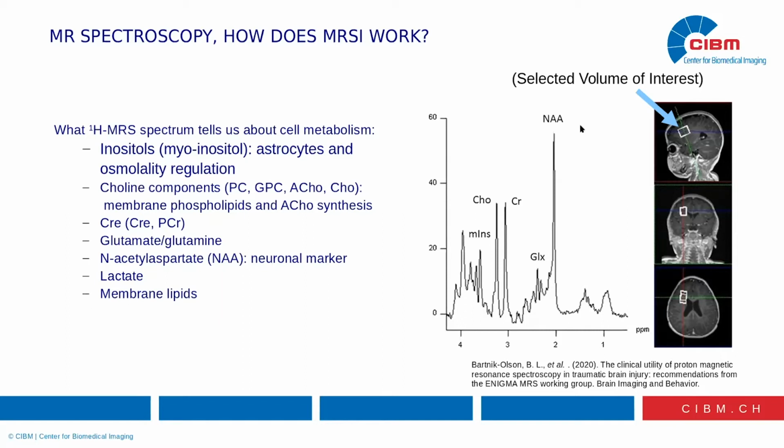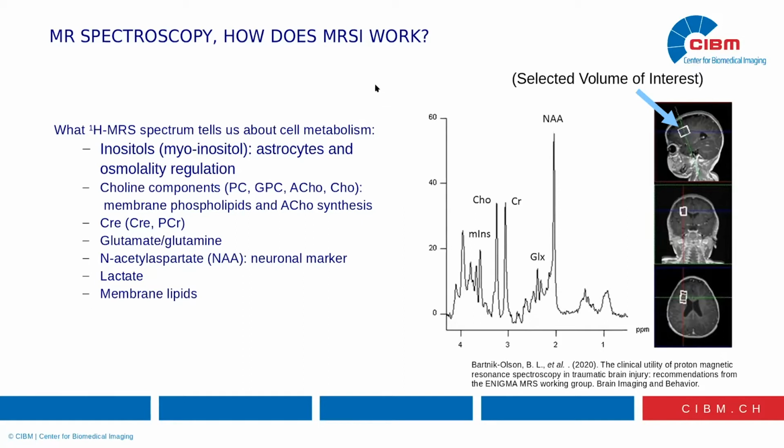as a specific metabolite, from inositol, choline, creatine, glutamate, and acetyl aspartate, with different roles in the brain, from neurotransmitter, glutamate, for instance, to a neuronal marker for NAA, or choline, which is a metabolite that is present in cell membrane turnover, but also in the neurotransmitter acetylcholine.